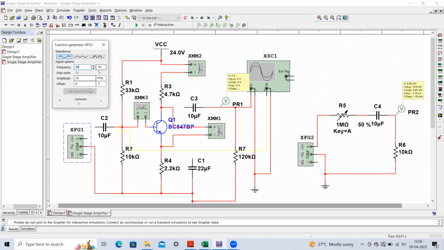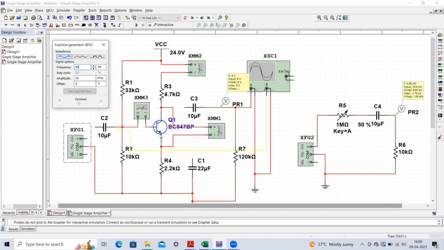One important point is that we cannot take the magnitude or amplitude of the sinusoidal input signal to be very large. It should be a very small value. You remember that the beta value of this BC547 transistor is quite large, normally more than 300.